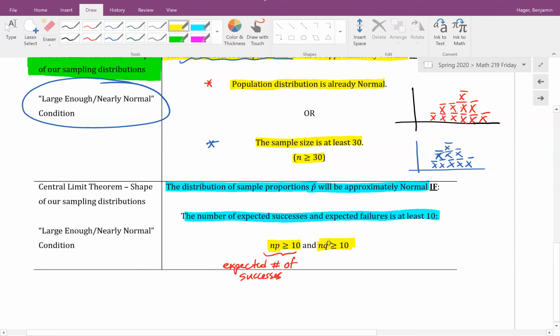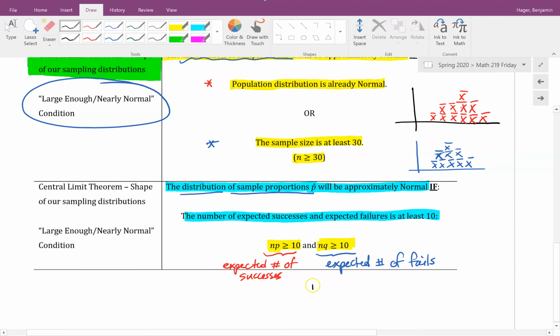Same for the number of fails. As long as that is greater than or equal to 10, then we would know that the distribution of sample proportions would be approximately normal.